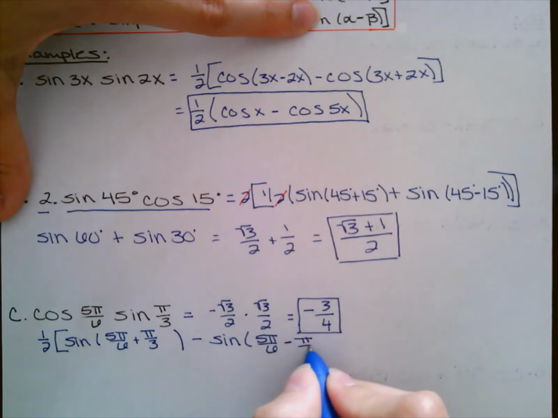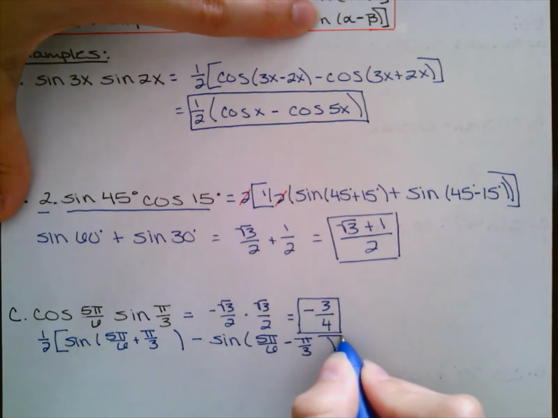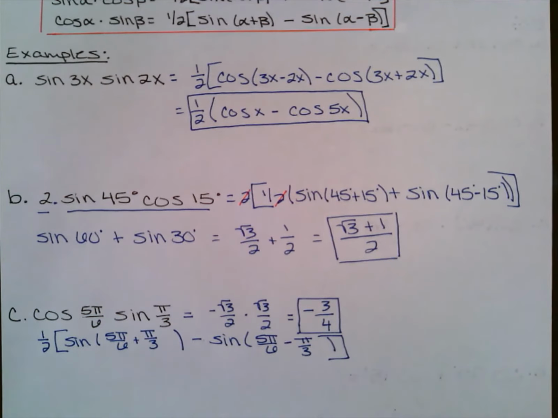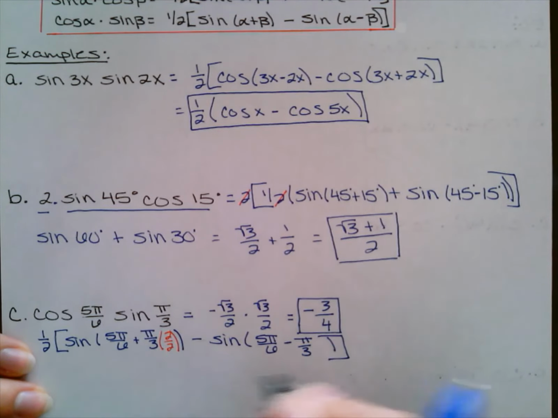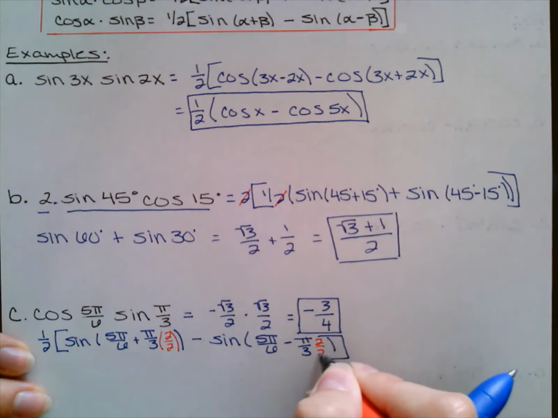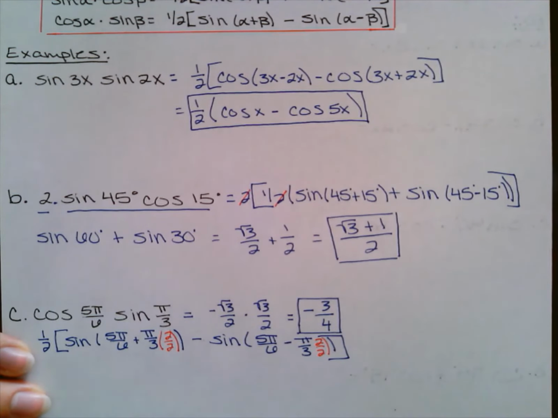And again, going to leave a little gap to get my common denominator. All right, so getting common denominator, I'm going to multiply by 2 over 2. So I have a denominator of 6. And then this will be a 5 pi over 6 plus a 2 pi over 6.